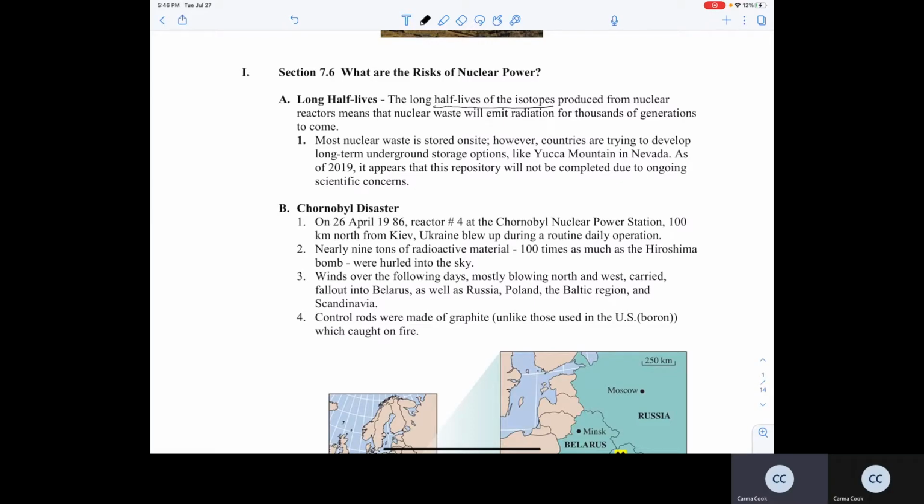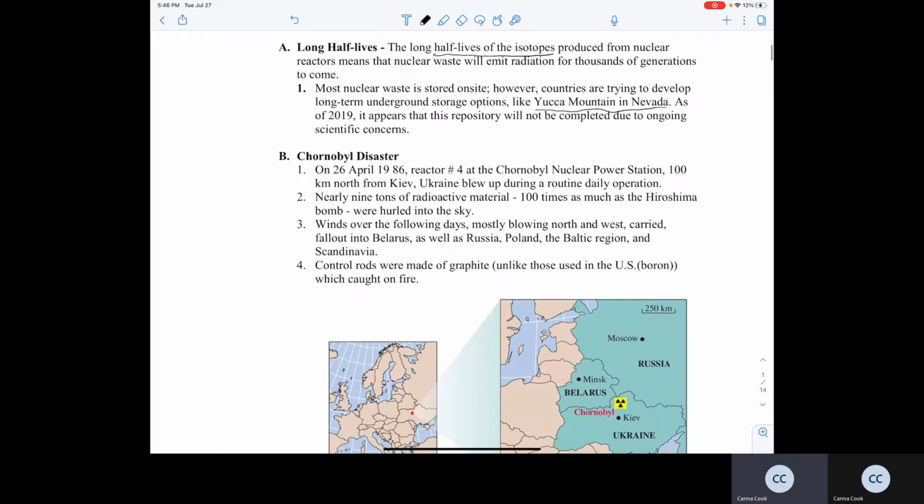And we here in the United States even contemplated that concept in Nevada, at the location known as Yucca Mountain. But because of the environmental concerns over burying radioactive nuclear waste, what is that going to do to the soil, the different runoff? Is it going to contaminate groundwater systems? So on and so forth.